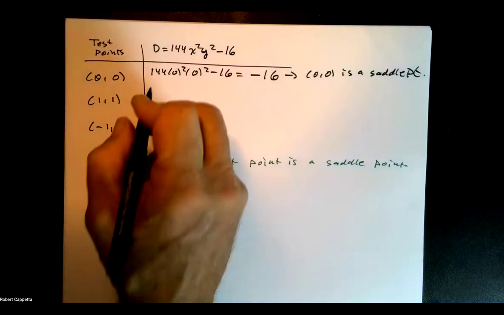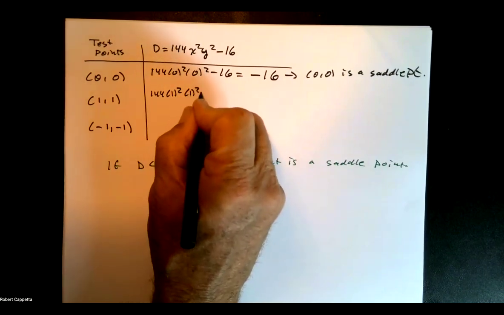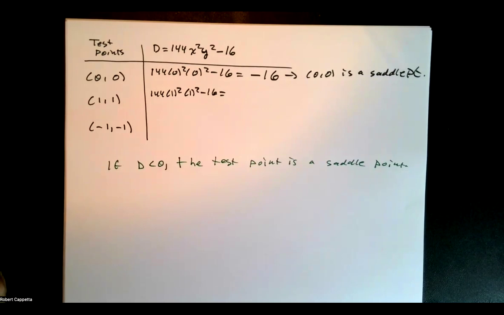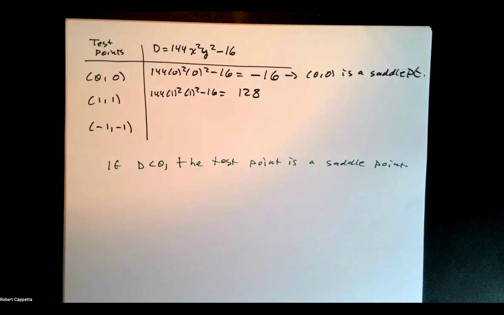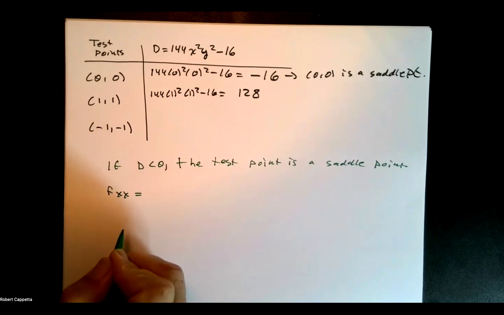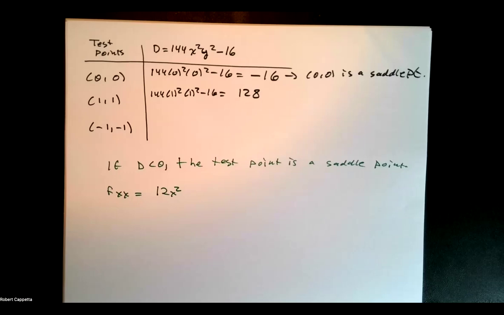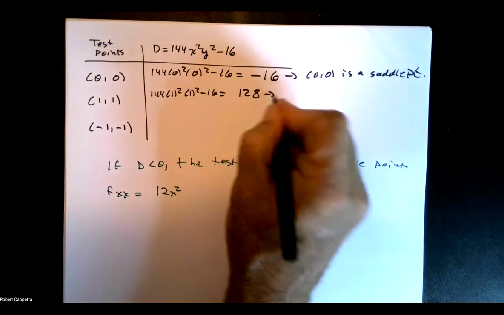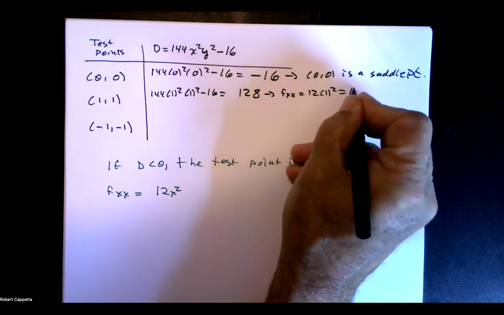Now plugging in 1, 1, what do we get? We get 144 times 1 squared times 1 squared minus 16. 144 minus 16 is 128. So we have that, but we also need to know what fxx is. So what was fxx? We recall that fxx was 12x squared. So in this case, fxx is 12 times 1 squared, which is 12.